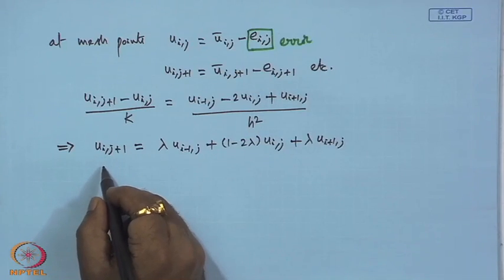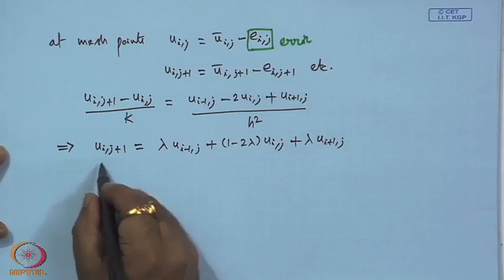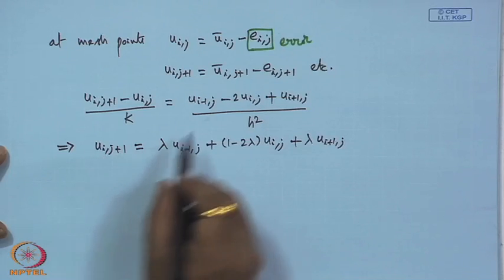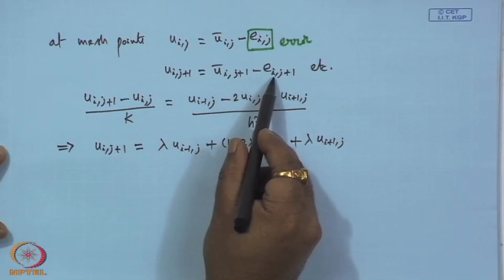Okay. So, then what will happen? We get here u i j plus 1 minus. Okay.